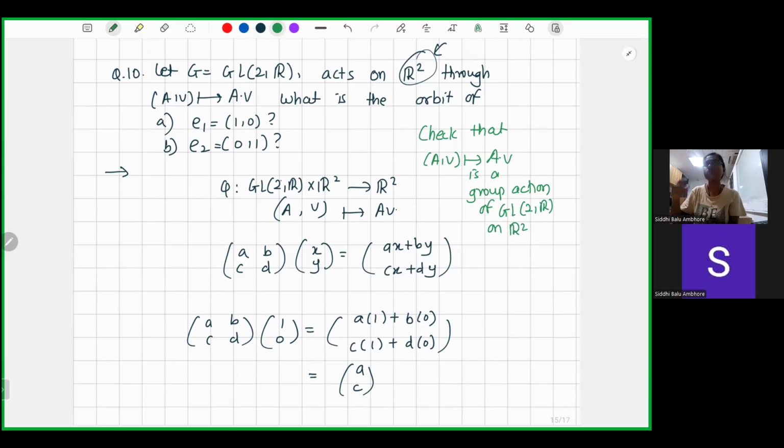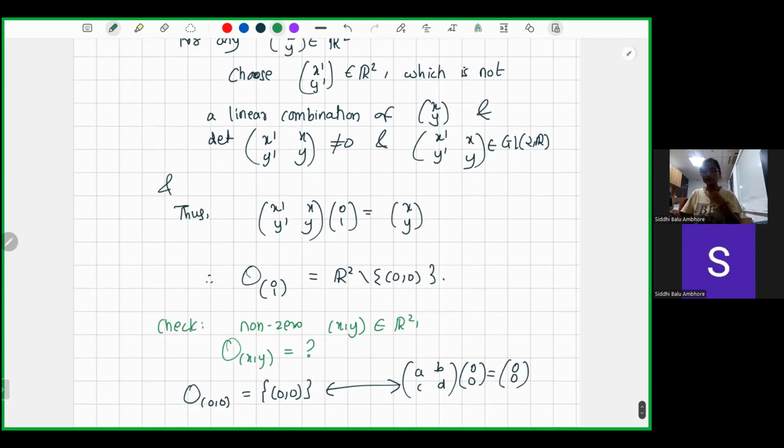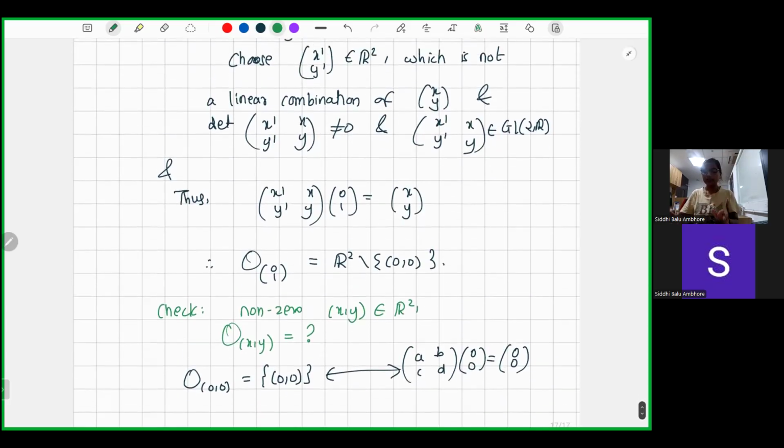Check conditions 1 and 2, which we have been checking, and you will see that it is a group action. Please try to do this as an exercise. It will be a good exercise for you.